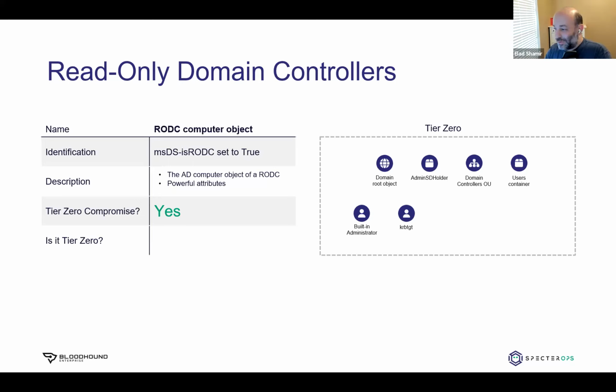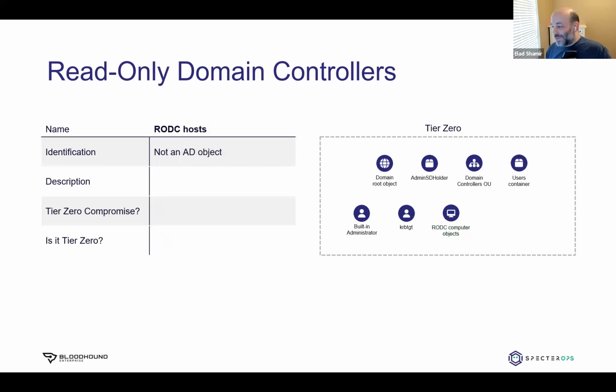So there is a path to tier 0 compromise if you control the RODC computer object. 62% of the responses to the poll say that it belongs in tier 0, and I agree. There is a tier 0 compromise path here. This is where you control the password replication policy. It definitely belongs in tier 0.